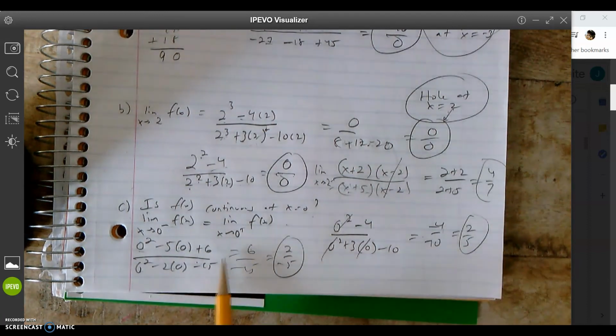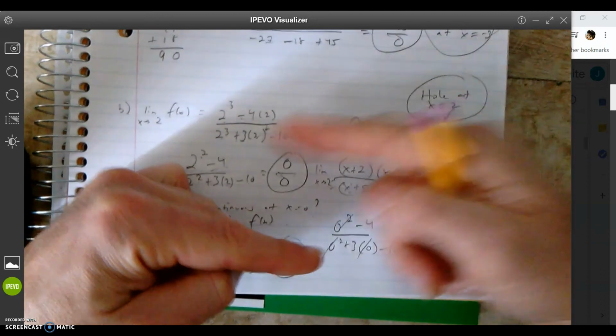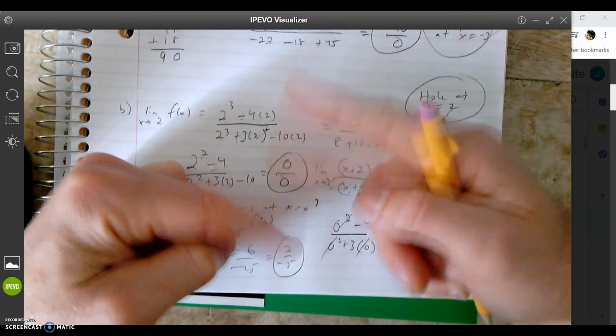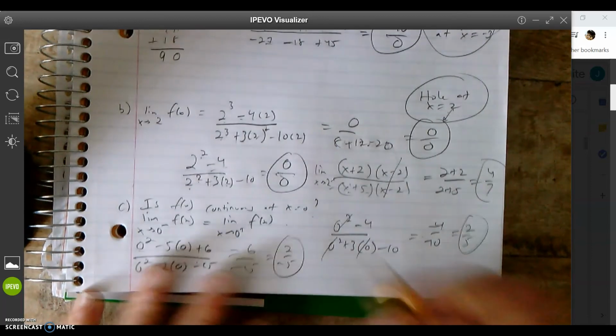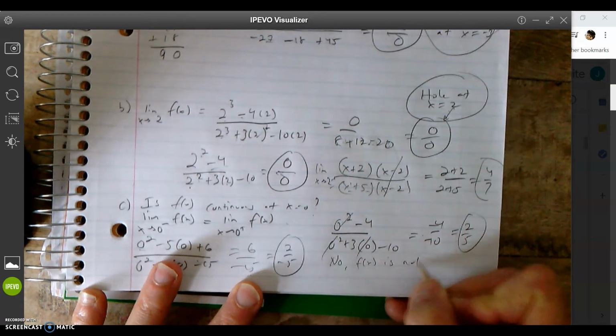So when you're approaching from the left, you're approaching negative 2/5 on the y. When you're approaching from the right, you're approaching positive 2/5. So there's a jump in the graph. It is not continuous. No. So no, f of x is not continuous.